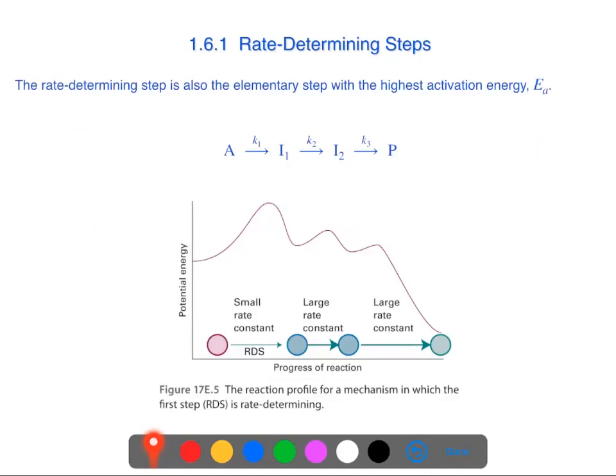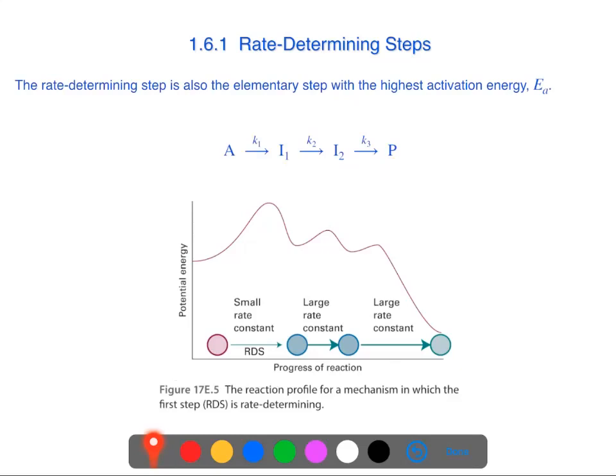Now, another way we can look at this rate determining step approximation is its relationship to the activation energy in a particular scheme. For this scheme, where we have the reactant decaying to some intermediate I1, and then this intermediate being transformed into I2 before forming product P, we can also relate the rate determining step to the step that has the highest activation energy.